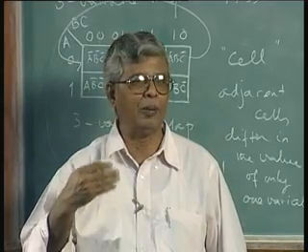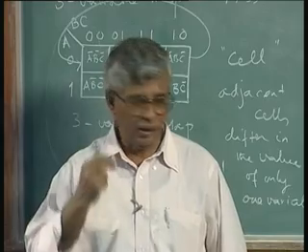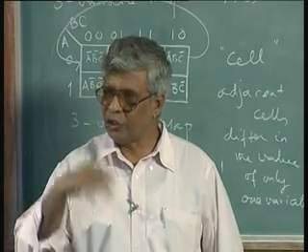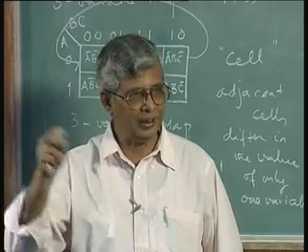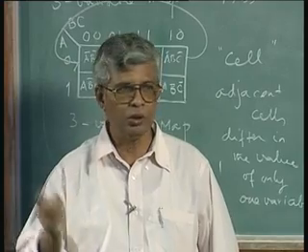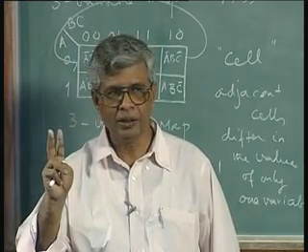So, I can only represent a maximum of 1 using a binary bit. If you have 2 bits, I can have 4 values, but the first value is 0. So, it is 0, 1, 2, 3. 0 is 0 0, 1 is 0 1, 2 is 1 0, 3 is 1 1. I can't represent 4 using 2 bits.